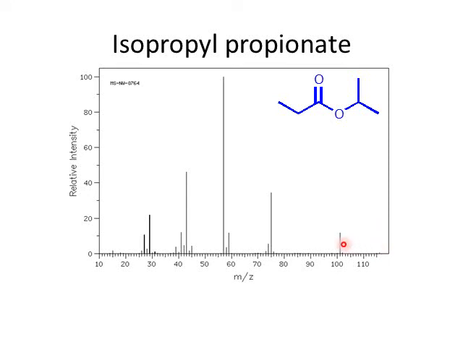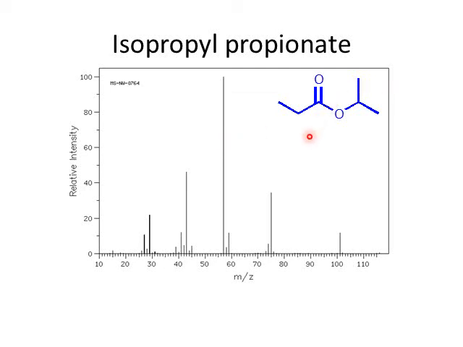The next peak down is minus 15, and that makes sense. If I was to break this bond or this bond, I'd get a plus charge here, or this bond, but it turns out it'd be more reasonable to put a plus charge here for the sake of stabilization. But let's look at this peak here at 57.